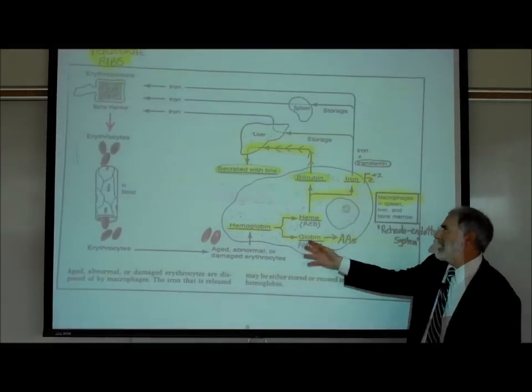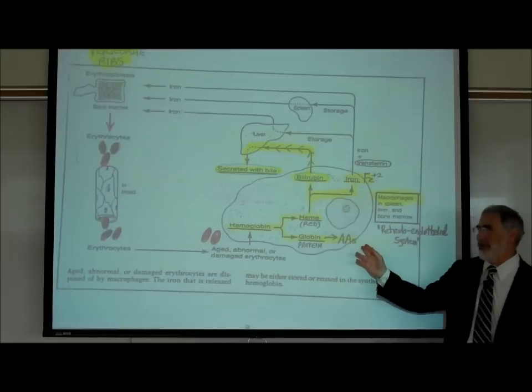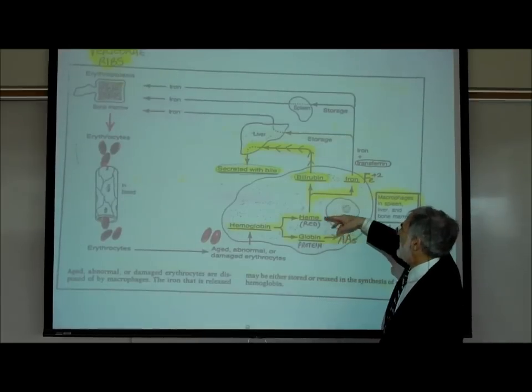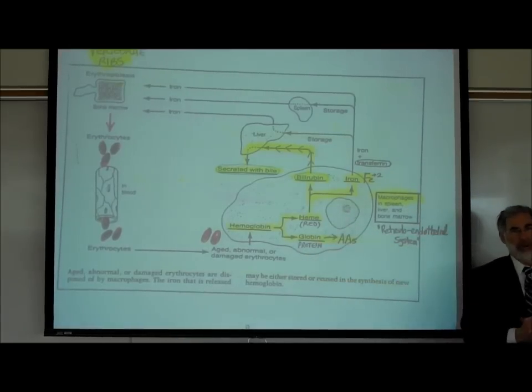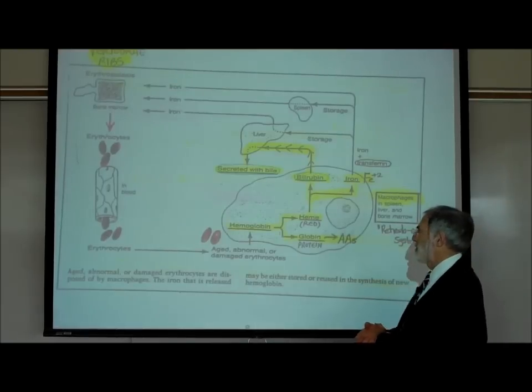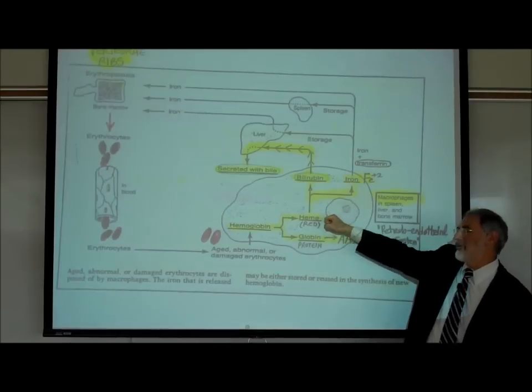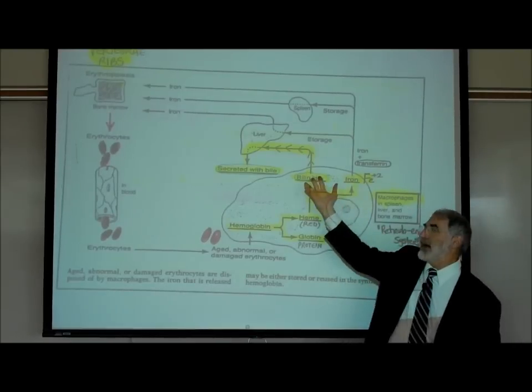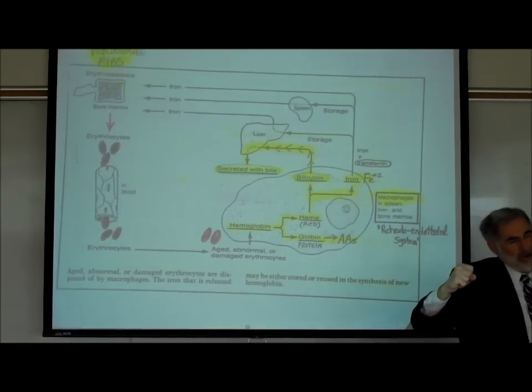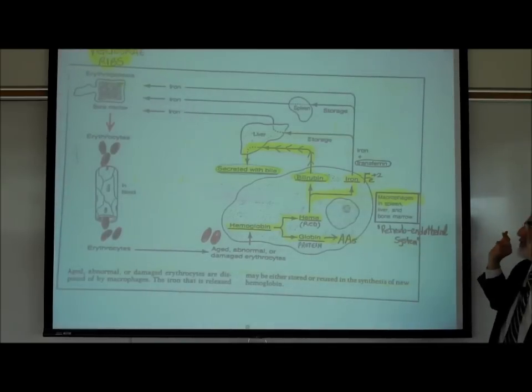And they break down the hemoglobin into heme and globin. Anytime we have the word globin or globulin, it means protein. It's just broken apart into amino acids. The iron is removed from the heme, and what's left when you remove that iron atom from heme is called bilirubin, and its color changes.